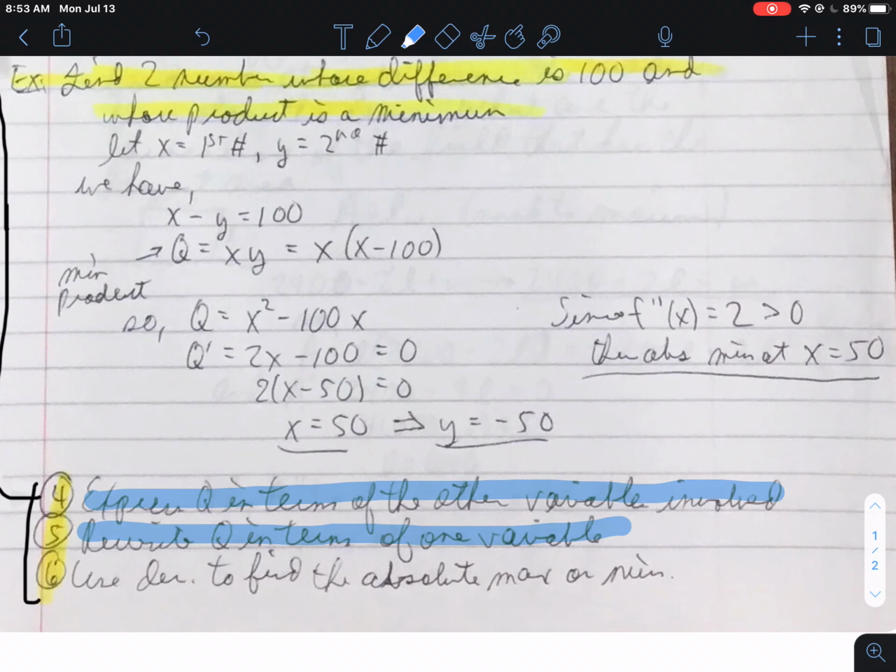In other words, do I have a relationship between the length and the width, an equation that I can utilize that would allow me to substitute out either L or W in that area formula, the area quantity that we're trying to optimize? But again, I'll show you how all this works.